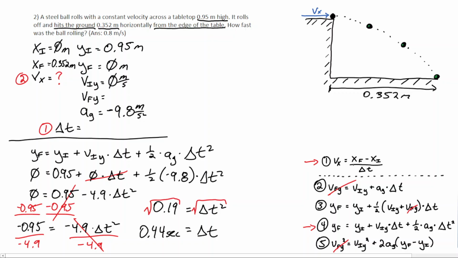So we're just going to use that quantity of delta t in our Vx formula.